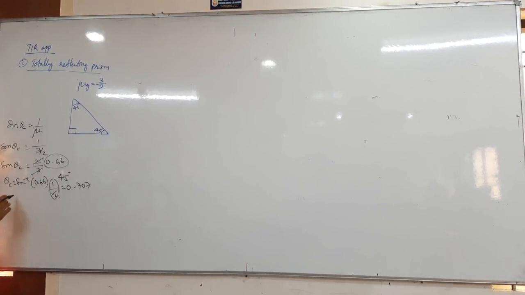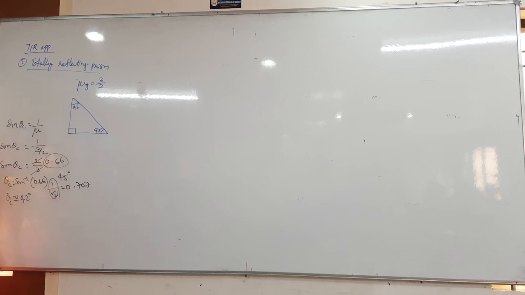Less than 45. Approximately 42 degrees it will be. It is not very near to 0.5 also. 0.66 is near to 0.707. So 40, 42, anything you can take. That is 42 degrees I have taken. Now the critical angle is 42 degrees.